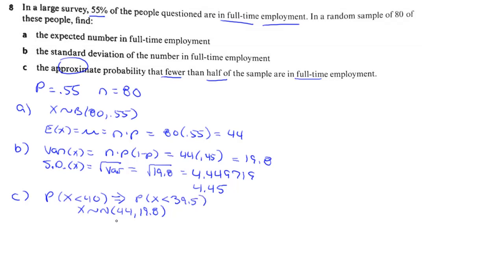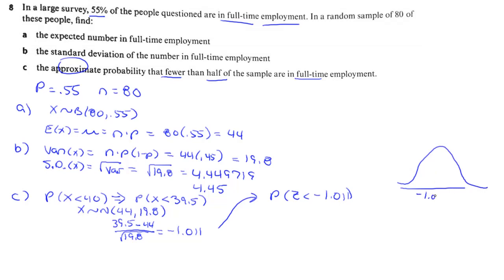Keep in mind, when you're doing this approximation, it's always going to be 0.5 above or 0.5 below. Anyway, we're going to do 39.5 minus 44 over the square root of 19.8 to find our z-score. Our z-score is going to be negative 1.011. And when we do a quick sketch of that, it's easy to see it's negative, and we're less than that.